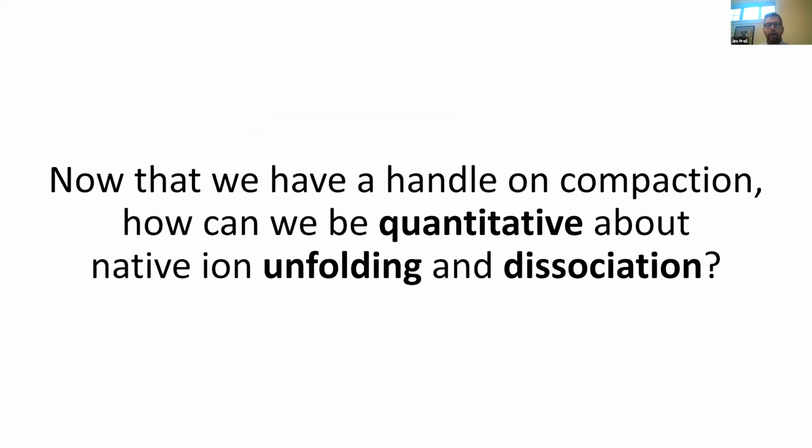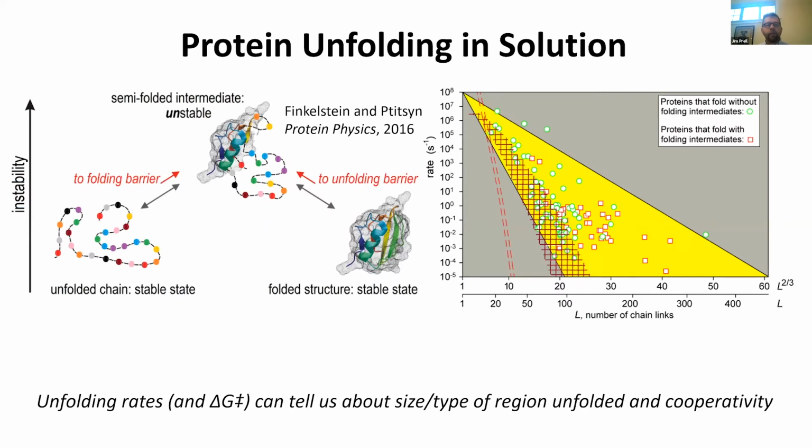So now that we have a handle on compaction of ions as we transfer them to the gas phase, what might we be able to learn in the future about tertiary and quaternary structure from unfolding and dissociation? I'll just point out that protein unfolding has a long history in solution for learning about protein structure.